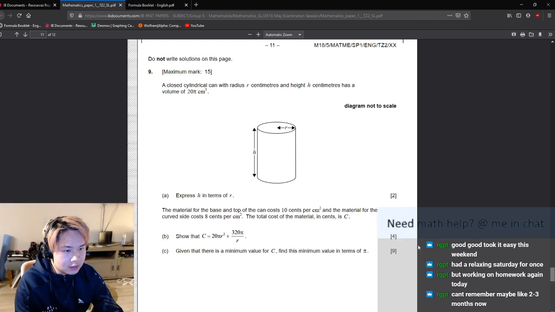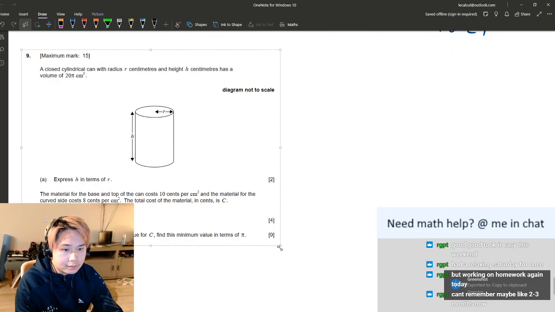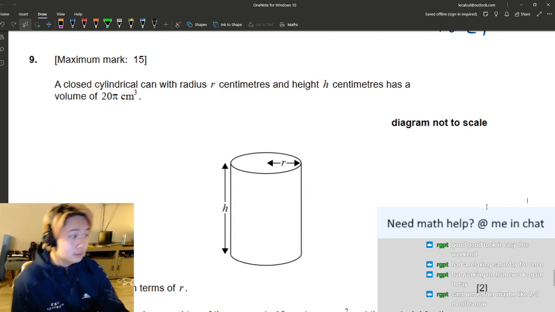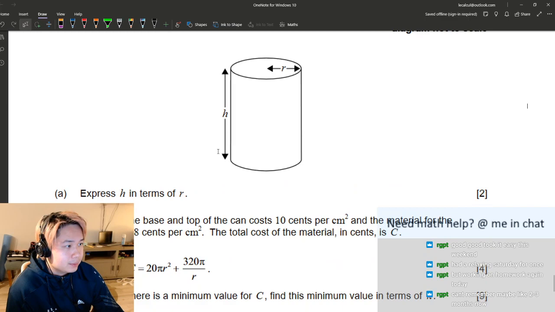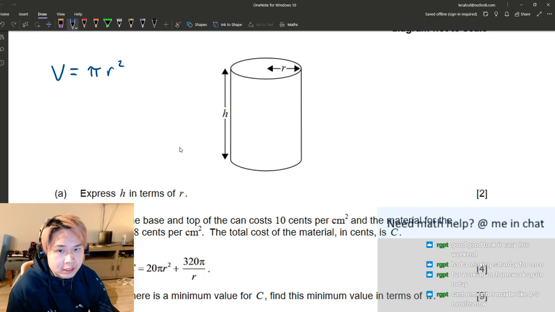I've done this question too before. So we have a cylinder, radius, height, volume of 20 pi. And then we need to express h in terms of the radius. Okay. So the volume of a cylinder is pi r squared times h.